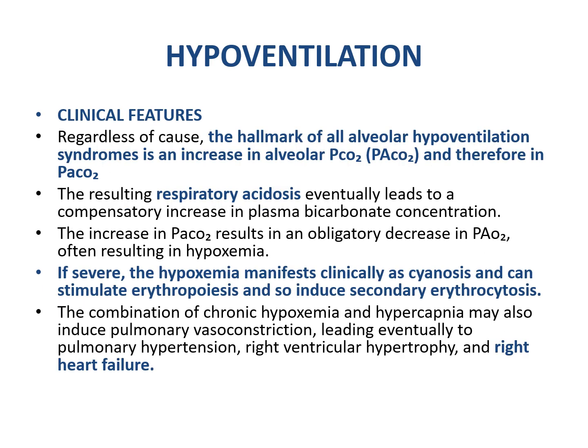Regardless of cause, the hallmark of the alveolar hypoventilation syndromes is an increase in alveolar PCO2 and therefore in PaCO2. The resulting respiratory acidosis eventually leads to a compensatory increase in plasma bicarbonate concentration. The increase in partial pressure of CO2 results in an obligatory decrease in PaO2, often resulting in hypoxemia.